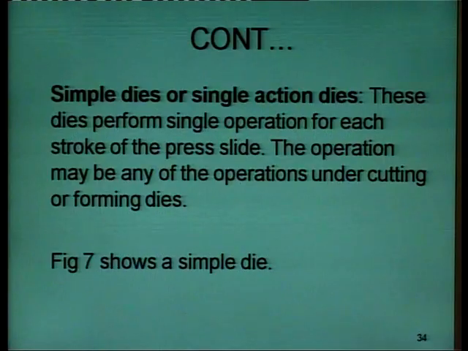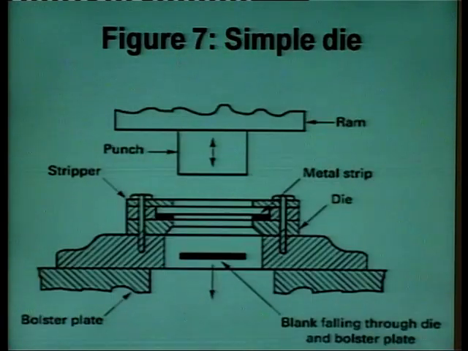These dies perform a single operation for each stroke of the press or slide. That operation may be cutting or forming. Now, figure 7 shows a simple die. There is a booster plate and on the booster plate there is a die set. The die is fixed on the booster plate.